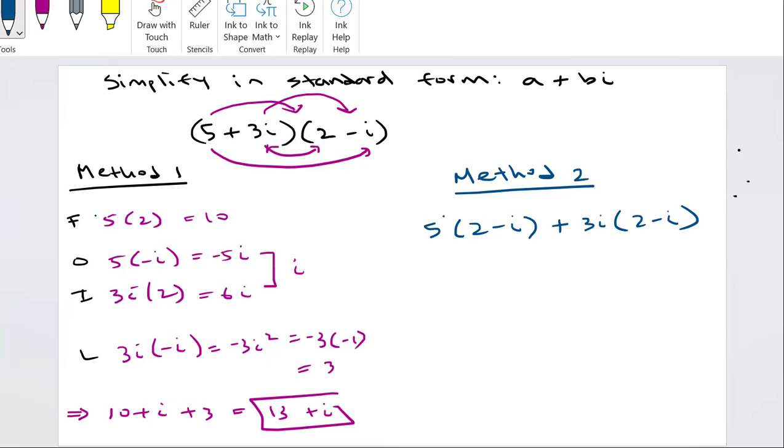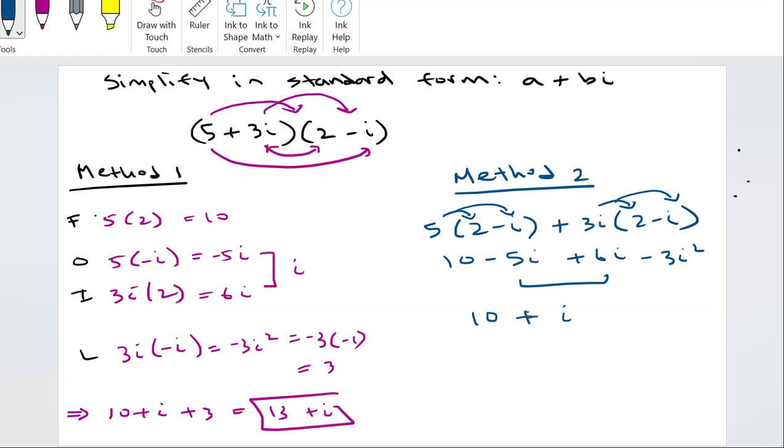Okay, so I'm going to distribute the 5 here and then the 3i on both terms. So we'll have 10 minus 5i plus 6i minus 3i squared. All right, so again, we combine those together, giving us just i. So 10 plus i.